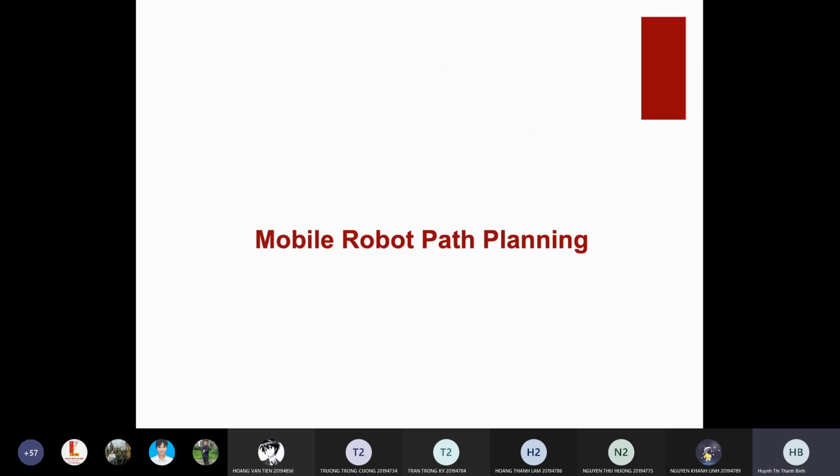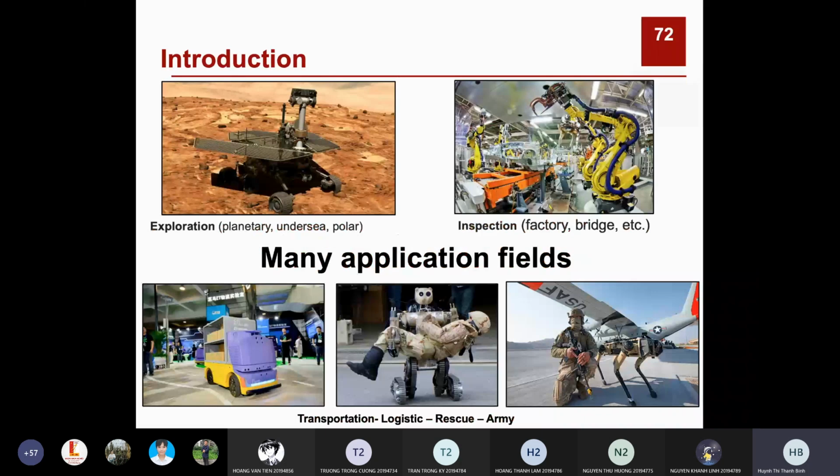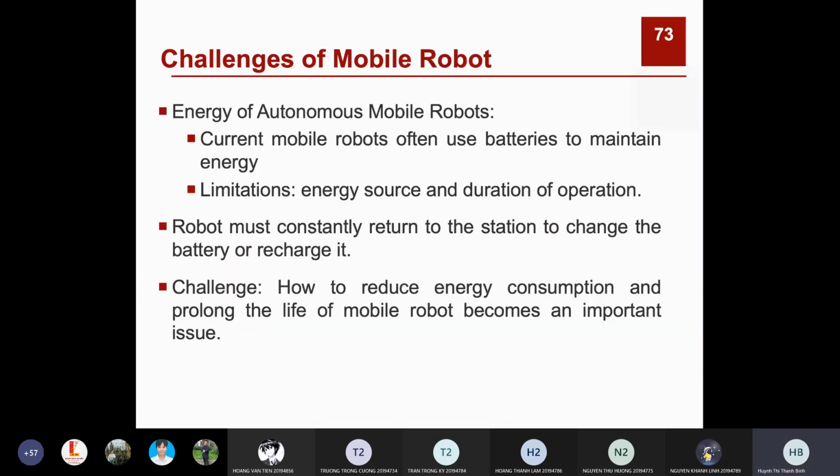And another topic is mobile robot task planning, which has a lot of applications in transportation, logistics, rescue, and the army. The challenge is how to reduce energy consumption and prolong the life of the mobile robot.